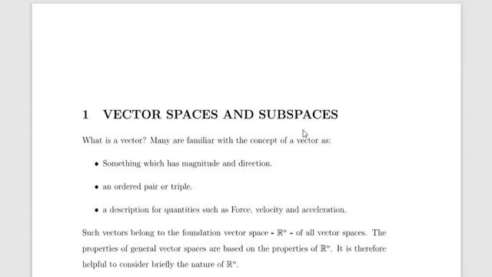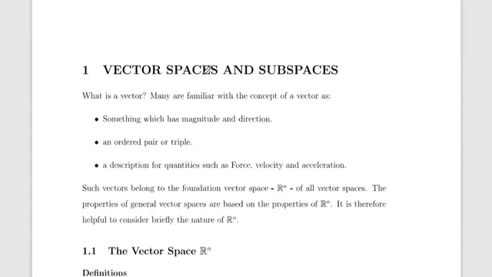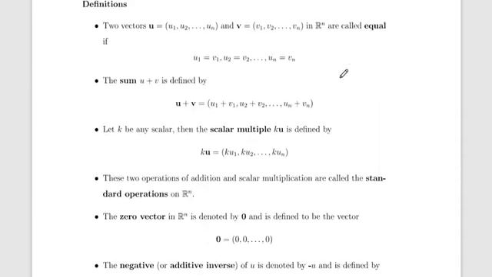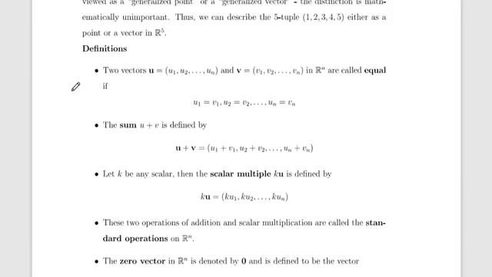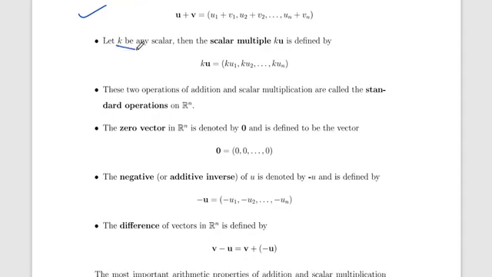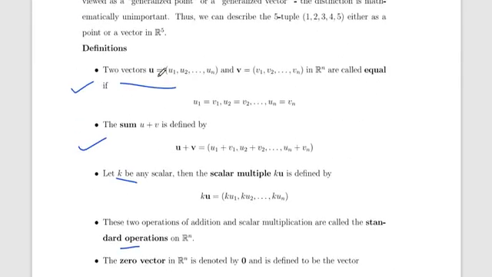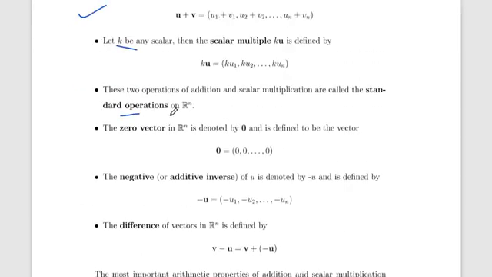Now let's talk about vector space and subspace. Vector space we already talked about, and now what is a subspace? We already know this definition: a set with sum, scalar multiplication, standard operations in Rn, the zero vector, negatives.